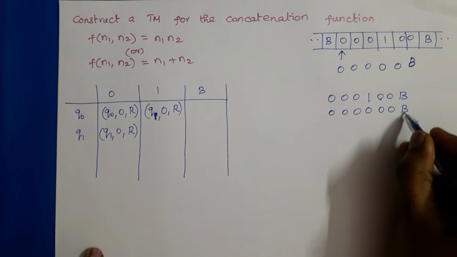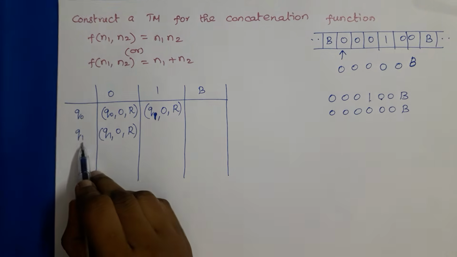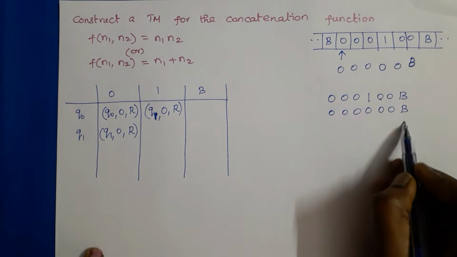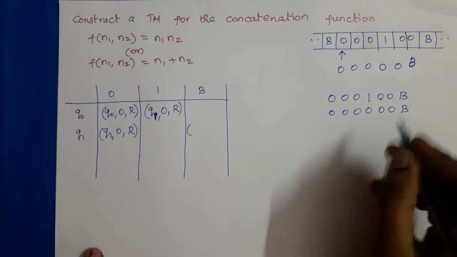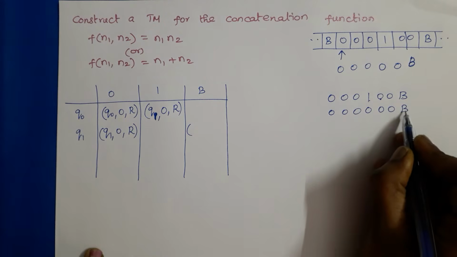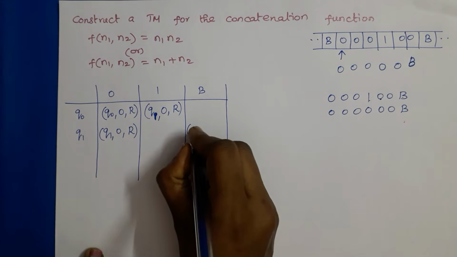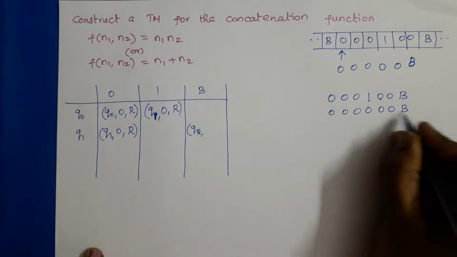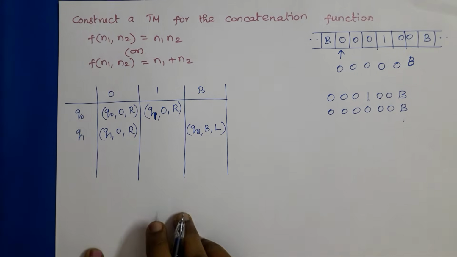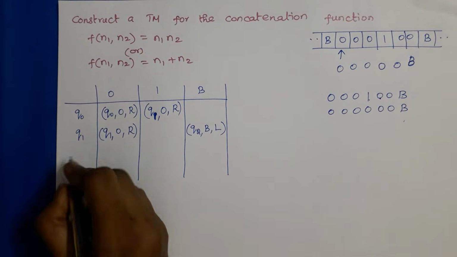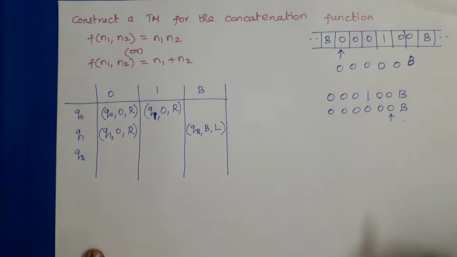So now the tape head is scanning blank. Okay, so in Q1, if the tape head is scanning blank as the next tape symbol, then we need to perform left move, right? No change in this blank symbol, just perform left move. So change state to Q2, blank remains blank, move is left move. Now we are in state Q2 and the tape head is scanning this symbol, right?